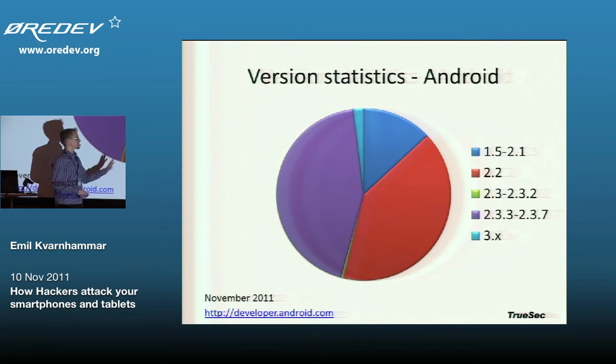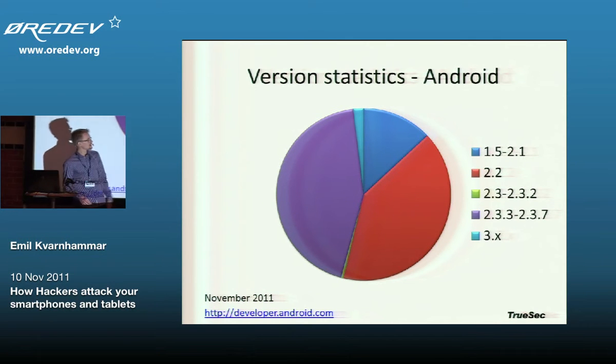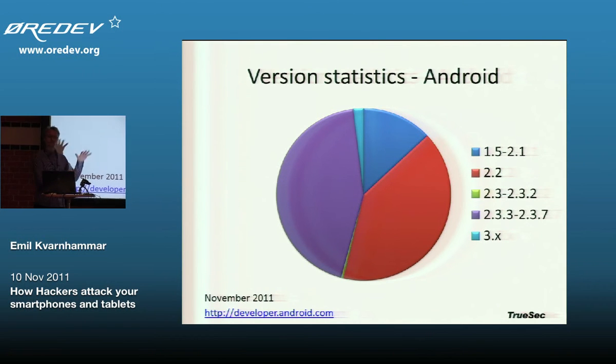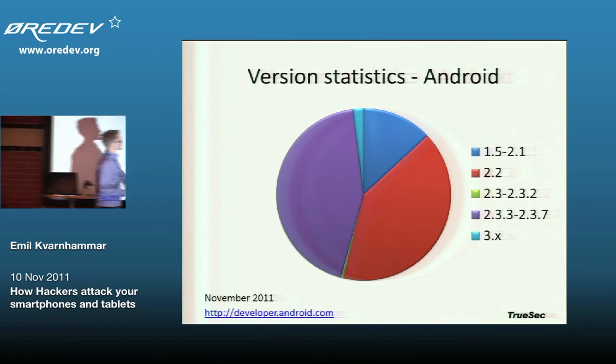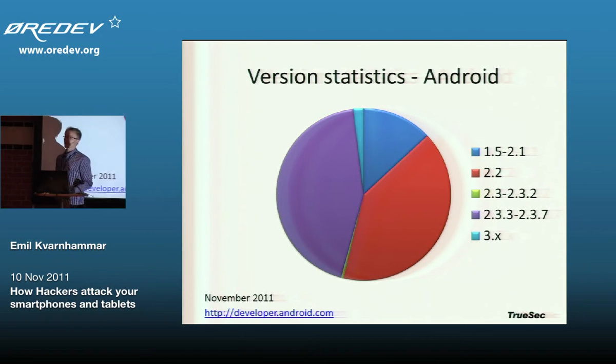It's not as many devices that have received something later than 2.3.3, but the reason it's presented within the same amount is that it's the same API level, and this is actually statistics of API levels rather than the exact versions. And of course, the 1.5 to 2.1 is also still a big part, unfortunately. So the point here is that certainly more than half of the devices are vulnerable to these kinds of attacks that are actually performed today.